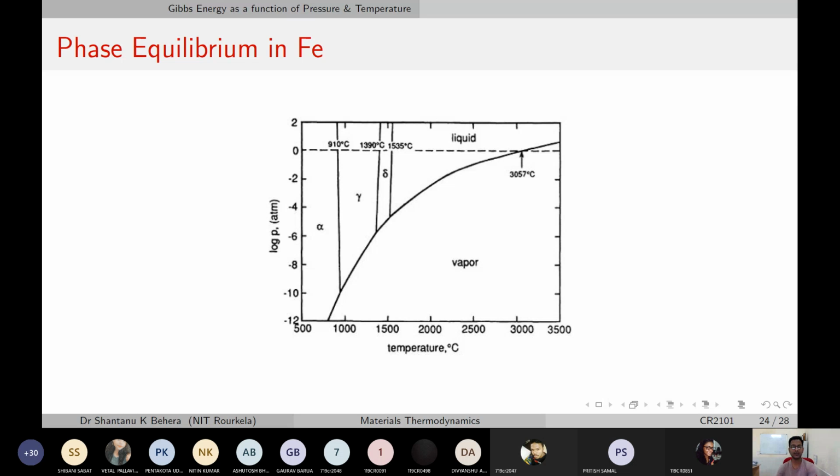So here the interesting thing that comes in is that we were typically looking at solid, liquid, vapor phase diagrams, but that's not all. You can actually look at different variants of the solids. Generally we don't have many different kinds of structures in the liquid phase or the vapor phase, though we do have high density liquids and low density liquids, but that's for higher classes when you go deeper into the structure of any material.